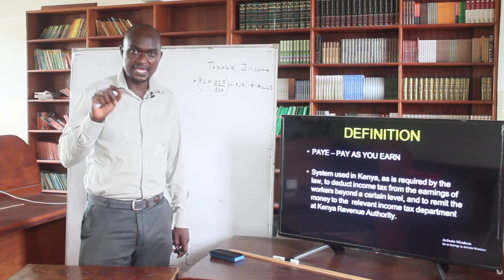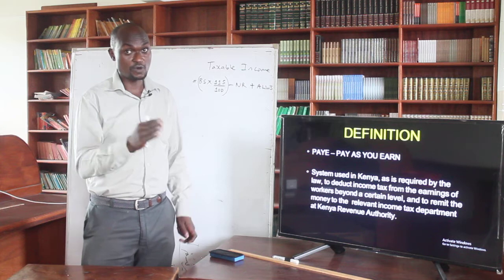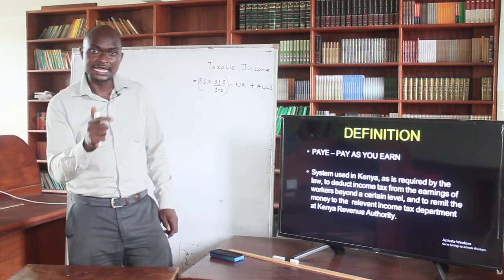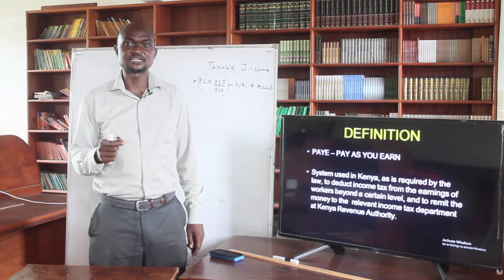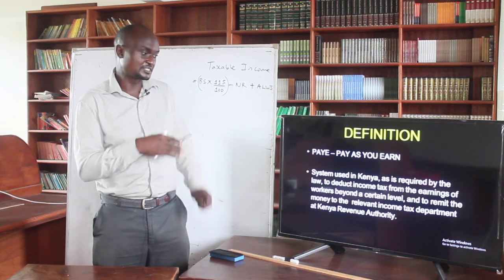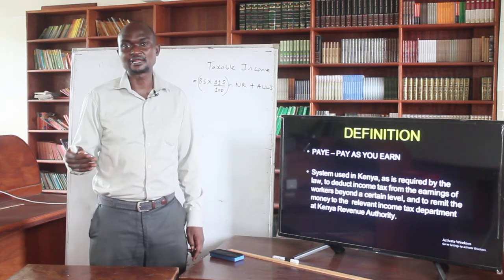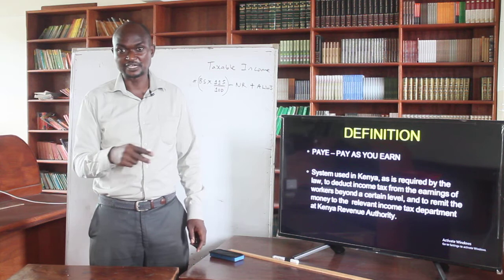So pay as you earn is a system that is used in Kenya as is required by the laws of Kenya to deduct some income tax from the earnings of workers beyond some level, and to remit that money to the relevant income tax department of Kenya Revenue Authority.